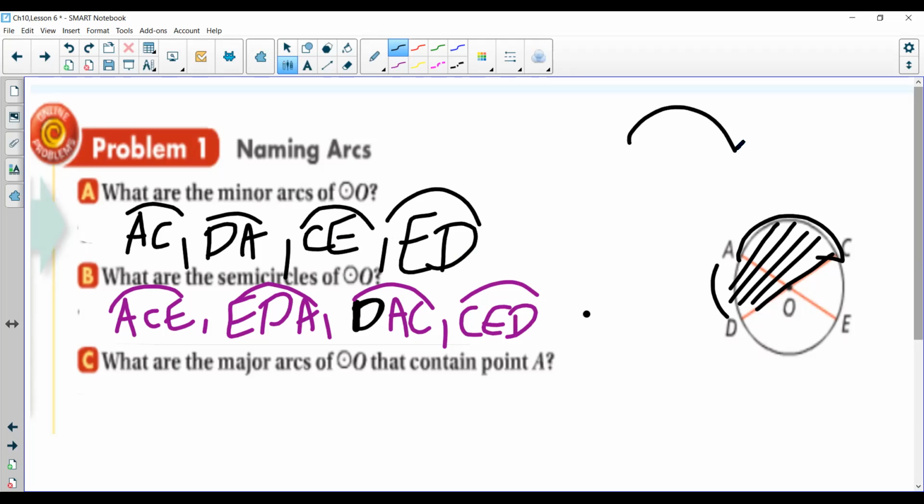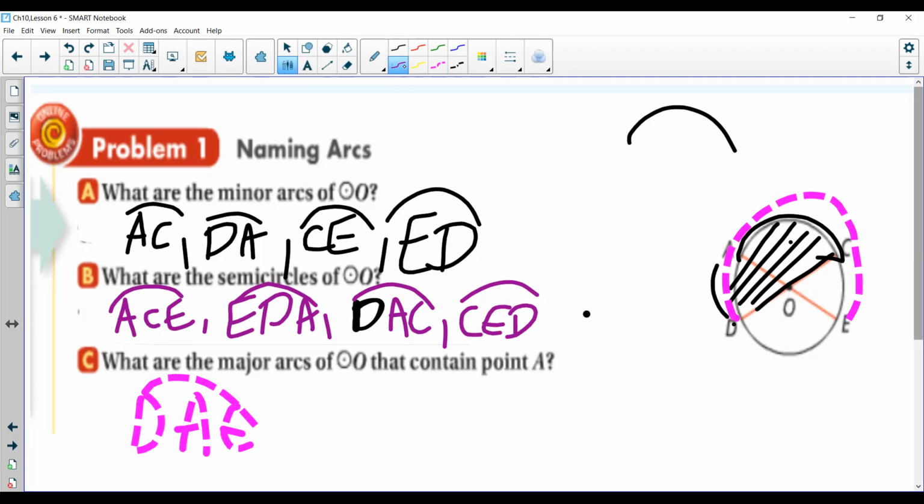Now, what about the major arc? The major arc is greater than the semicircle. So this is my semicircle. I want you to give me an arc that is larger than the semicircle. It will be D, C, E. D, A, E. What about C?